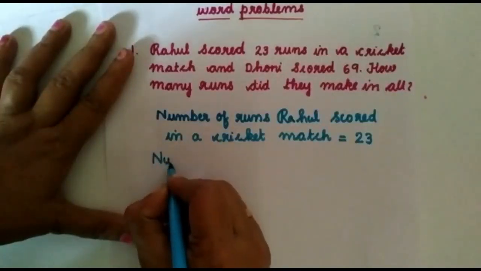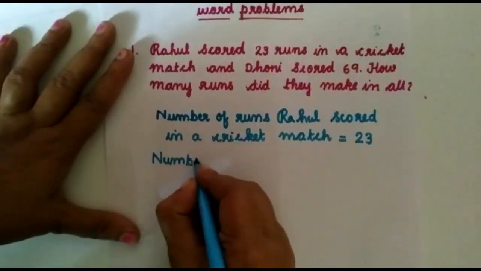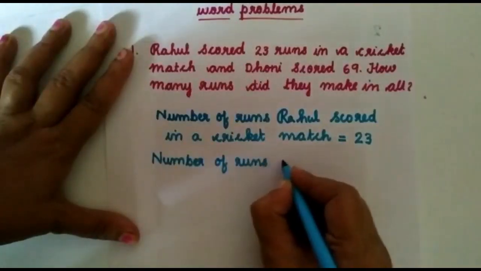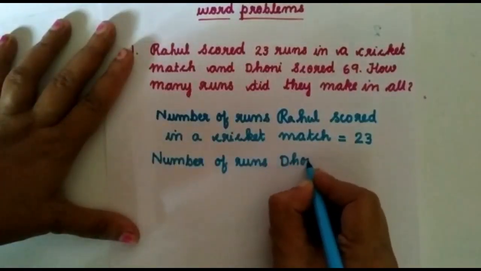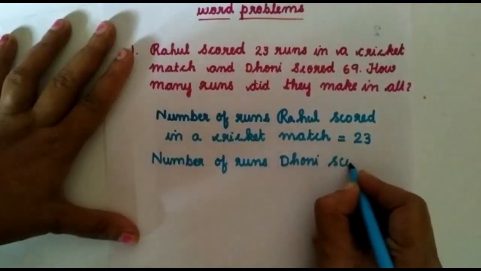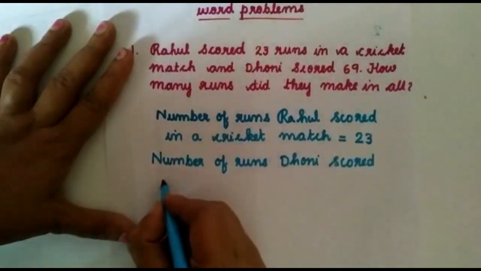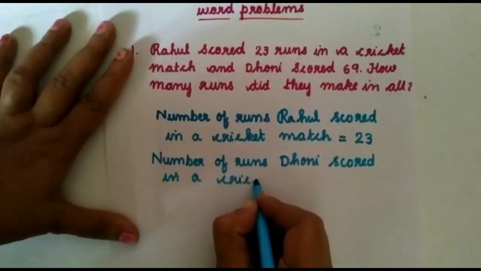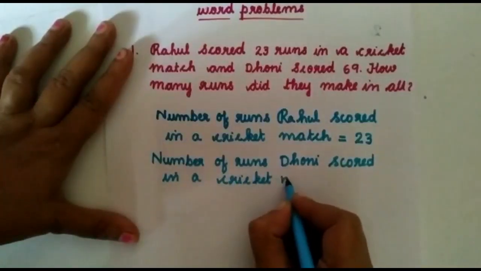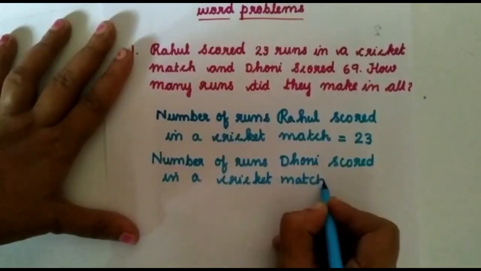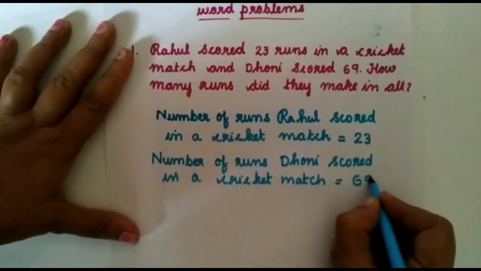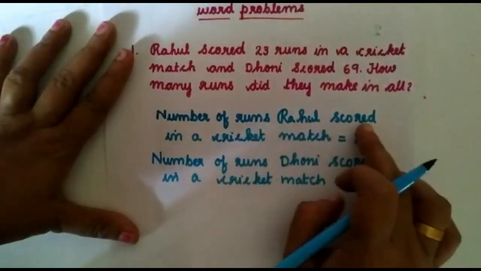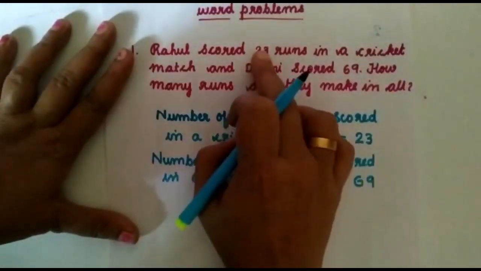Number of runs Dhoni scored in a cricket match equal to 69. So first step is number of runs Rahul scored in a cricket match, that is 23.